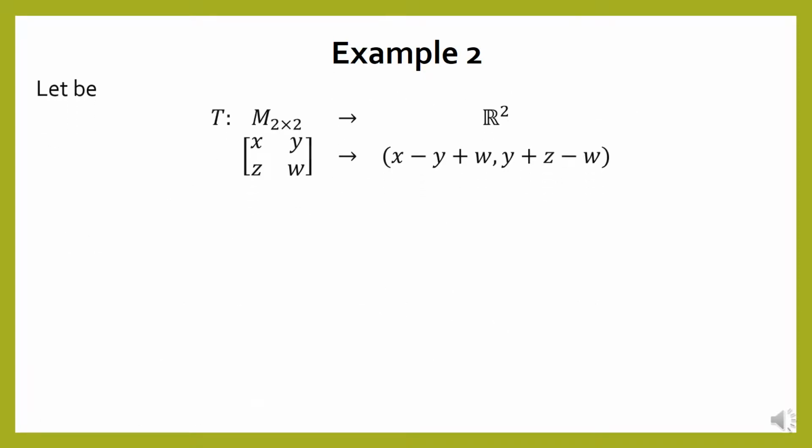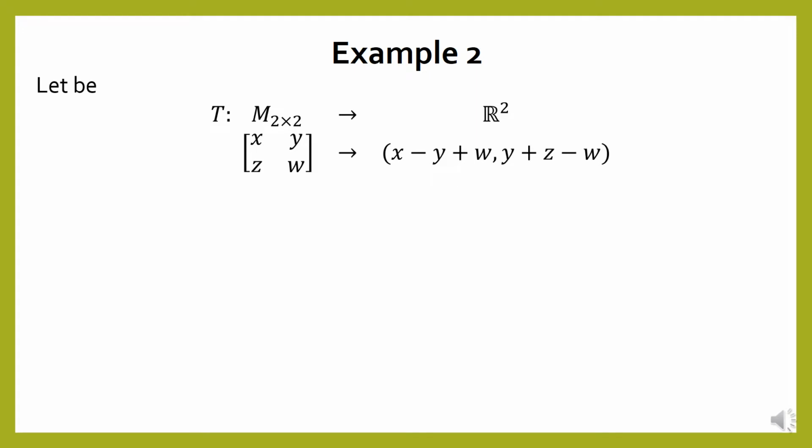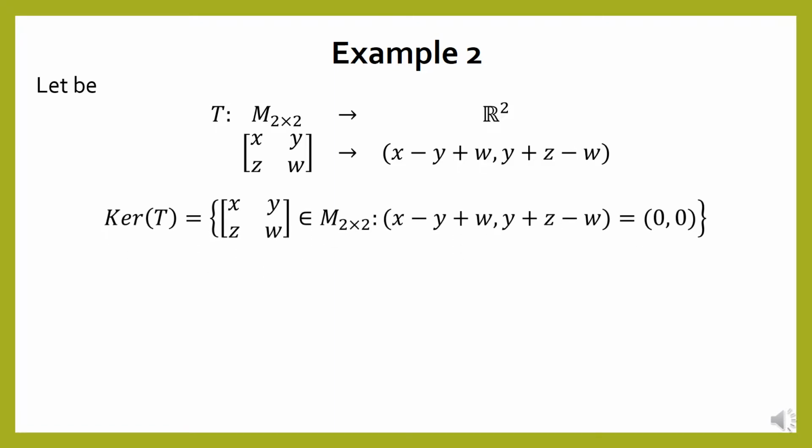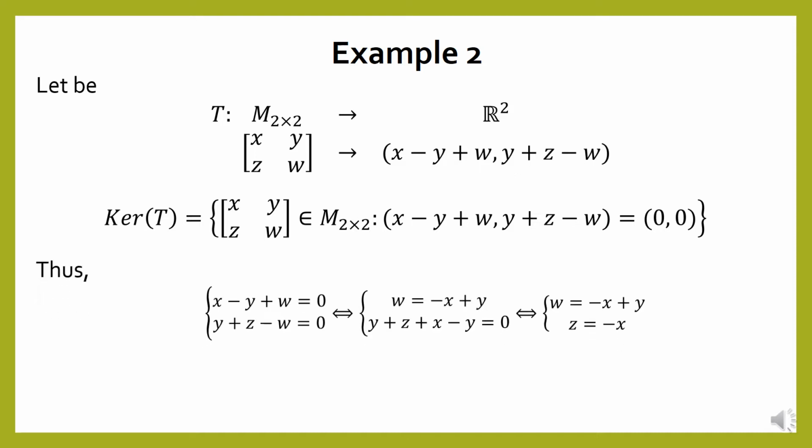As a last example, consider this linear application that transforms matrices of order 2 into vectors of R2. Let's evaluate which matrices of order 2 belong to the kernel of T. These equalities translate into a system of two equations and four variables.